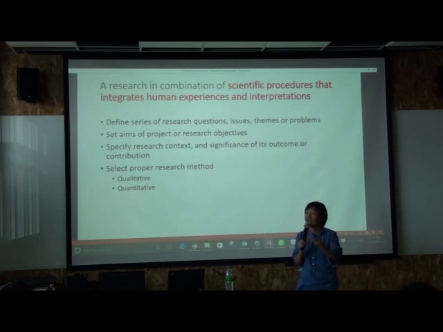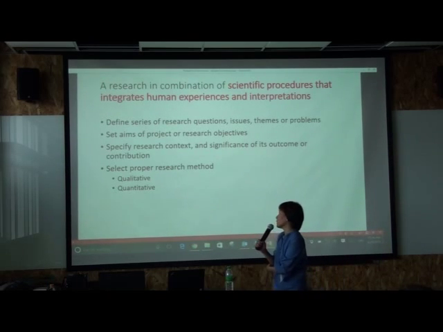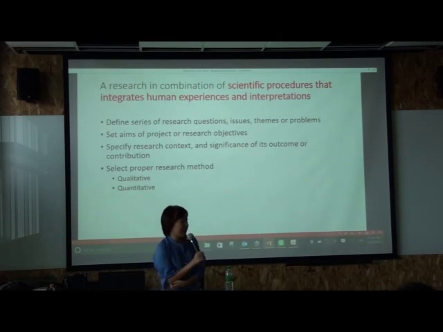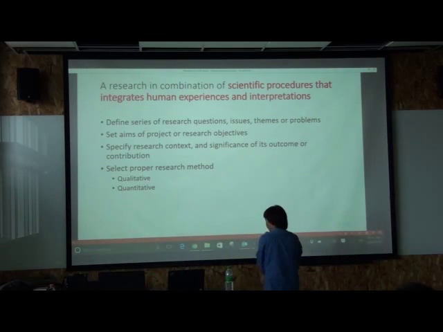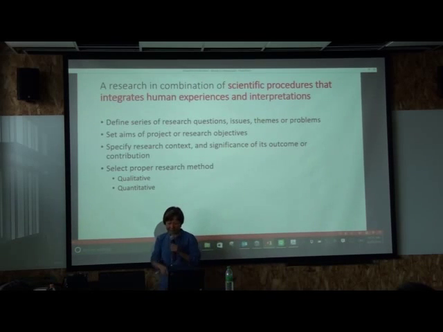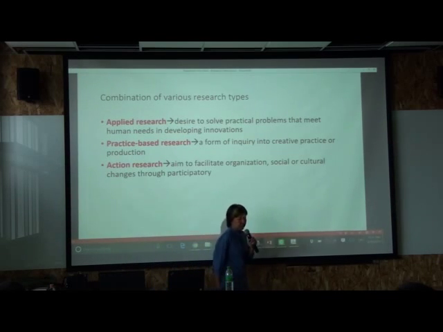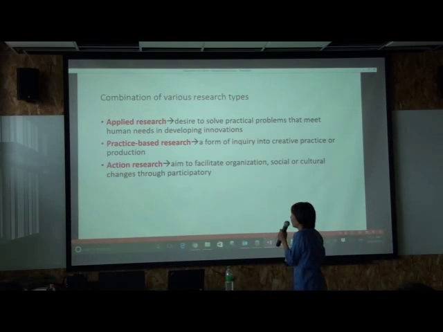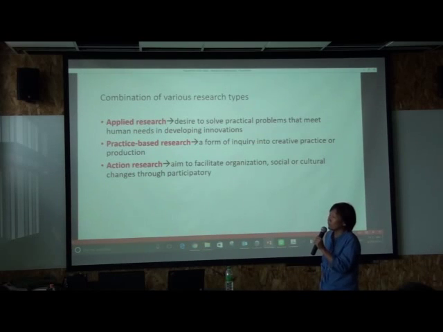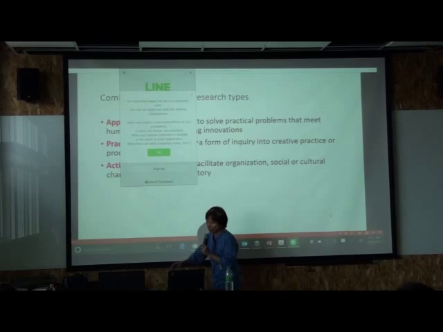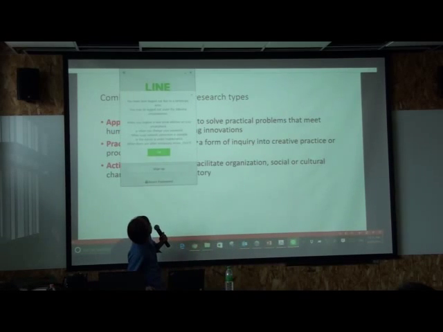As Adanti have already mentioned, research method could be qualitative, quantitative, or combinations. I believe architecture is a kind of combination of various types. For example, most of the work in building technology and innovation is more in this.